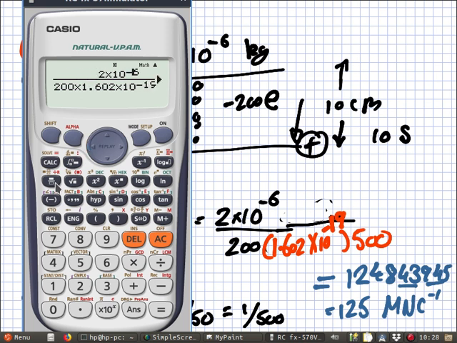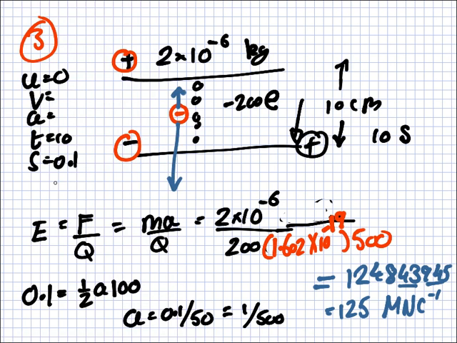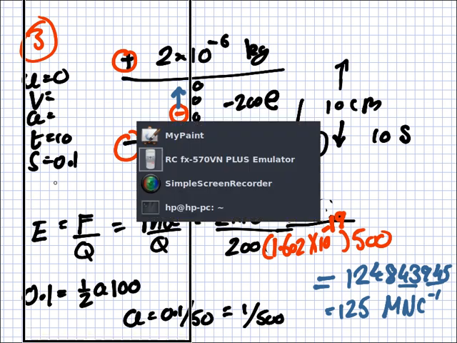And the winner is... Siba! Congratulations. 125 meganewtons per coulomb. Seems like you're the most trustworthy with the calculator. What happened, Matt? What did you type in wrong?